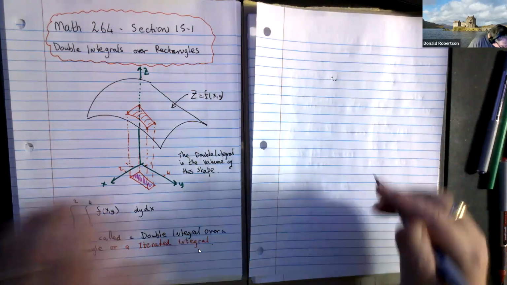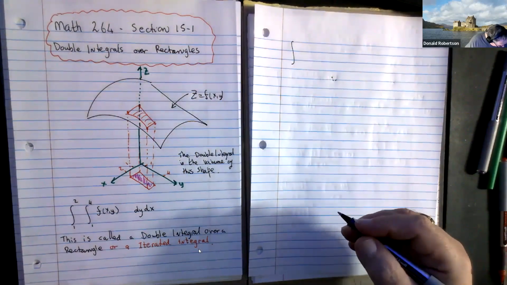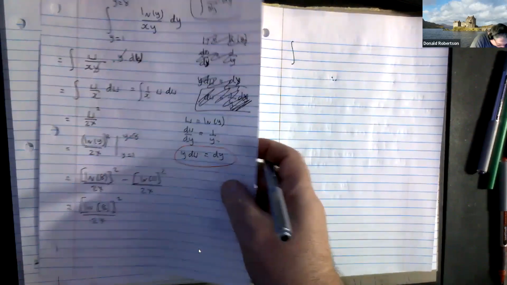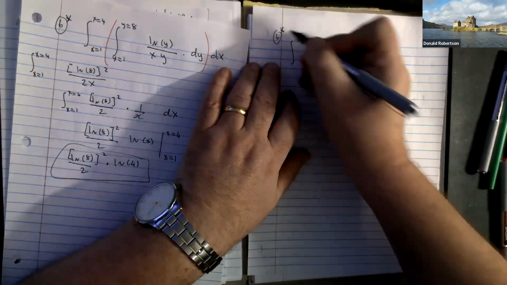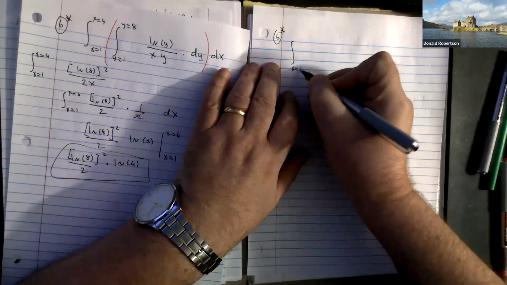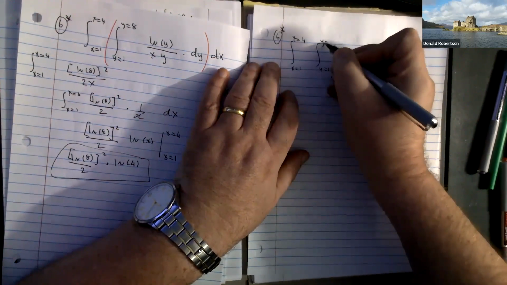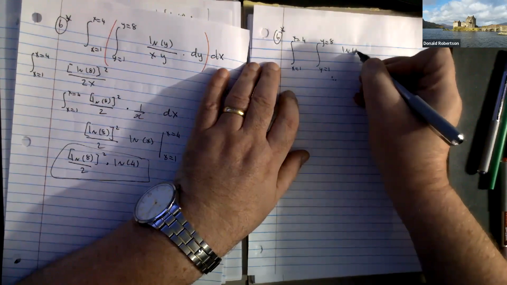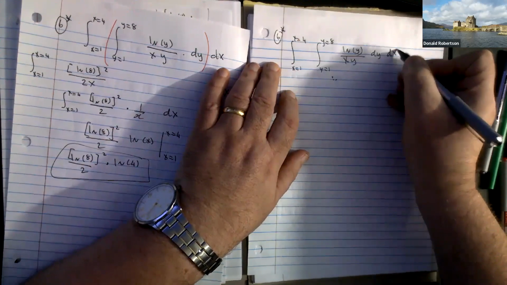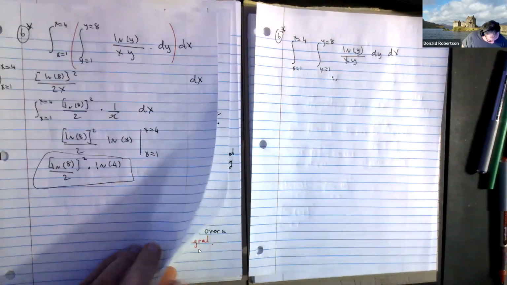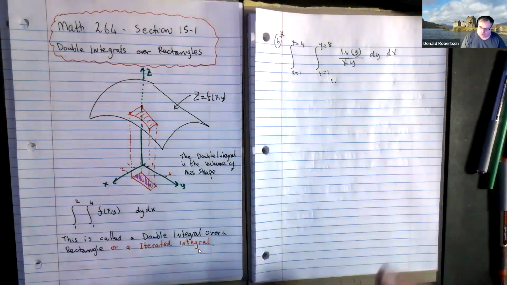Now, I'm going to show you a trick, a really cool trick. The question we just did a few moments ago, which is that one, we can incorporate a very nice little rule.